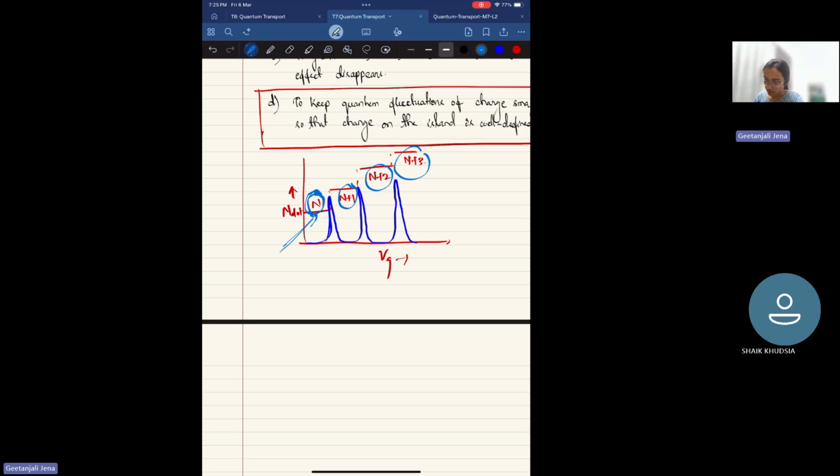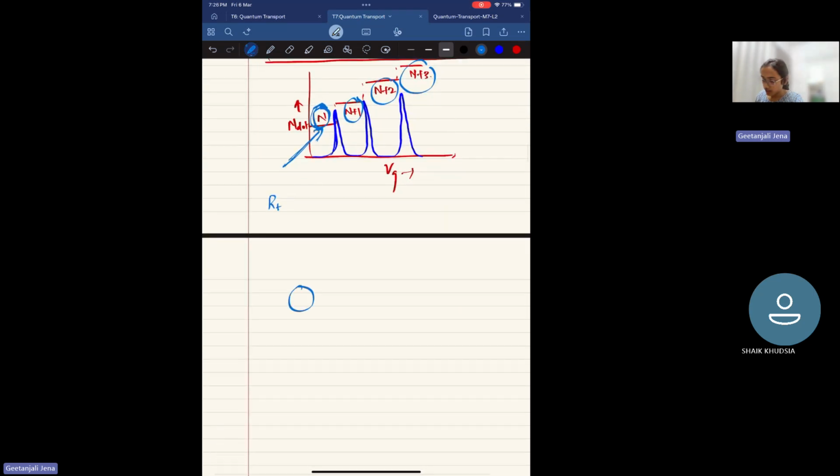So to achieve that the charge carriers are well defined, we need that the junction resistance, or schematically if I want to draw, this quantum dot region is tunnel coupled to the source and the drain. So there is a tunneling region between source and drain which prevents the continuous flow of charge.